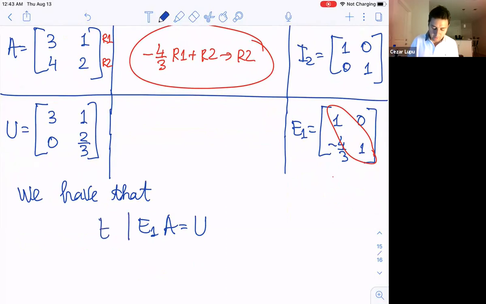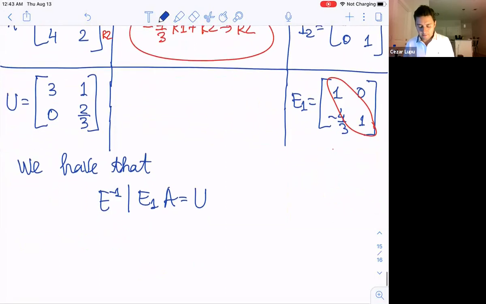We multiply to the left by the inverse of the elementary matrices, since we know that they're invertible. And now we have that A will be nothing else than just E1 inverse times U. Well, this E1 inverse, which I will identify as the lower triangular matrix, is nothing else than just the inverse of this matrix, and the way we're going to obtain this will be the following.